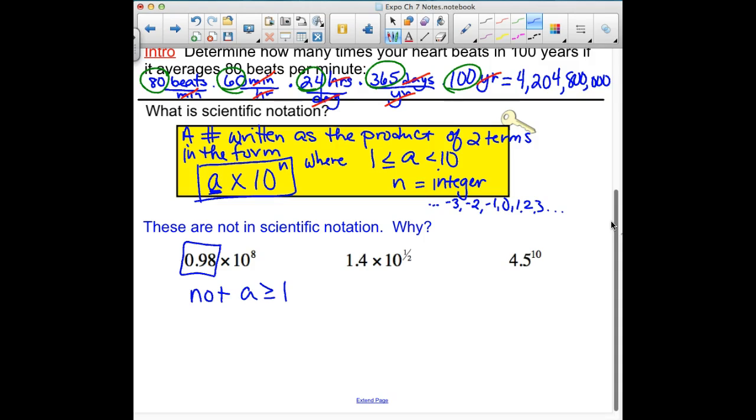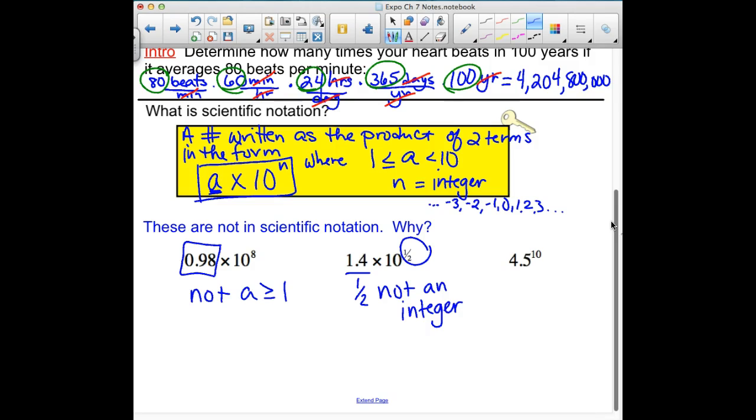Our second example. The first part is fine. 1.4, that fits. It's a number between 1 and 10. The problem is right here. 1/2 is not an integer. So we cannot have that as the type of exponent for 10. And then the third example, we have 4.5 to the 10th power.